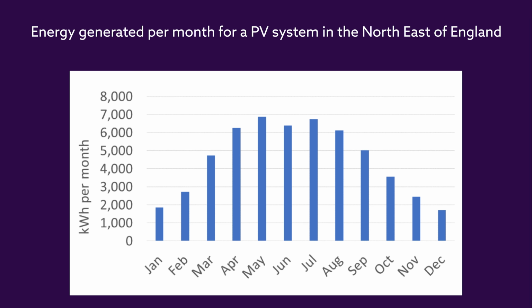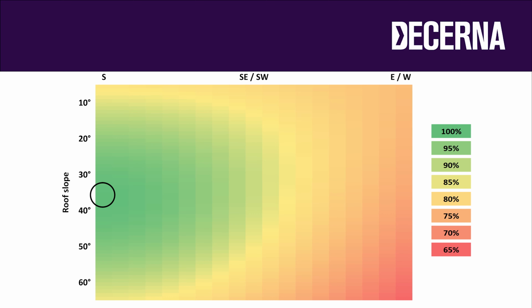We can use software to work this out for different azimuth and slope angles, but the results also vary depending on where in the world your system is located. That's because the sun rises higher as you get nearer the equator. For the northeast of England, you get a distribution like this. The chart shows that an orientation of south with a slope of 35 degrees gives the best results.